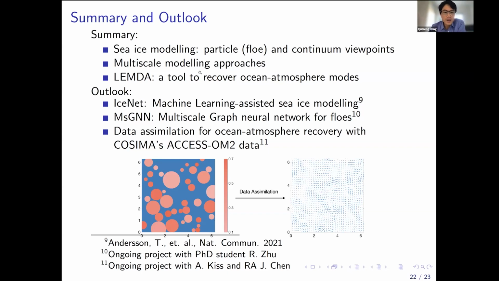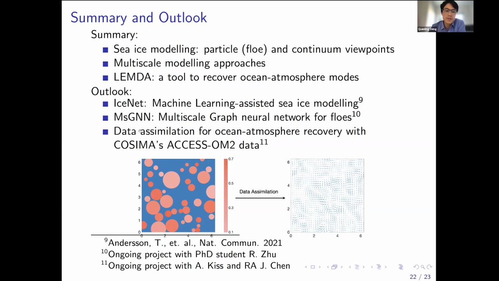There are some other ongoing works, for example, IceNet, and recent machine learning assisted CS modeling by Anderson, which looks into satellite images to detect and recover. Following ideas like this, we recently have some other works along a similar line, looking into graph neural networks for flow recovery, like flow dynamics.